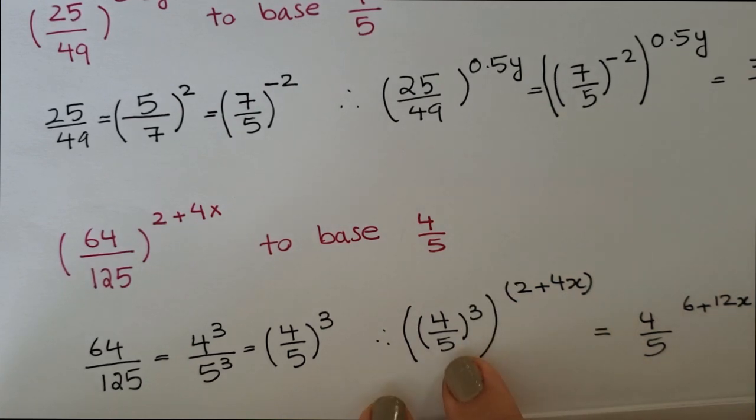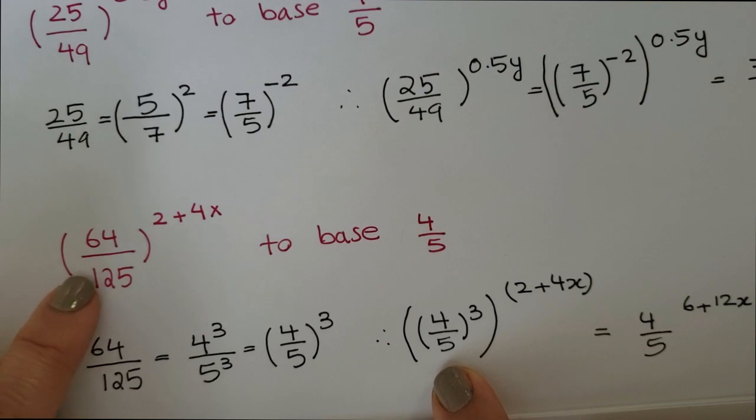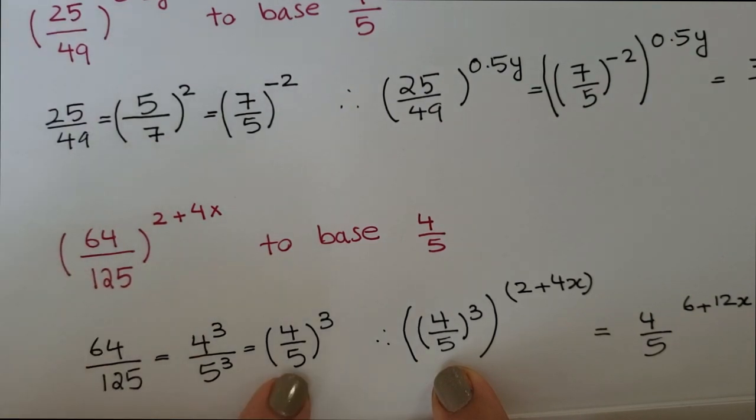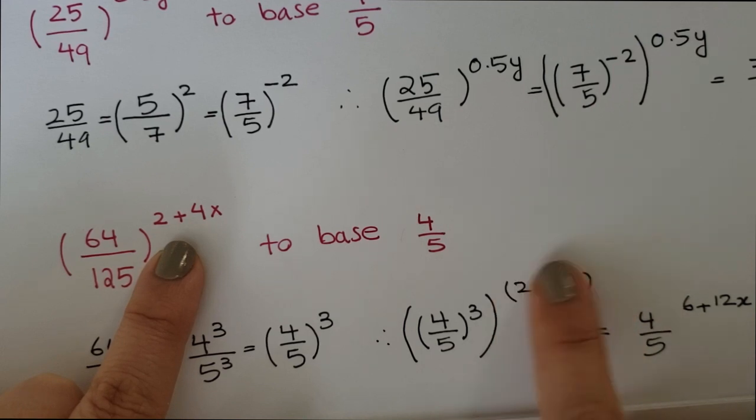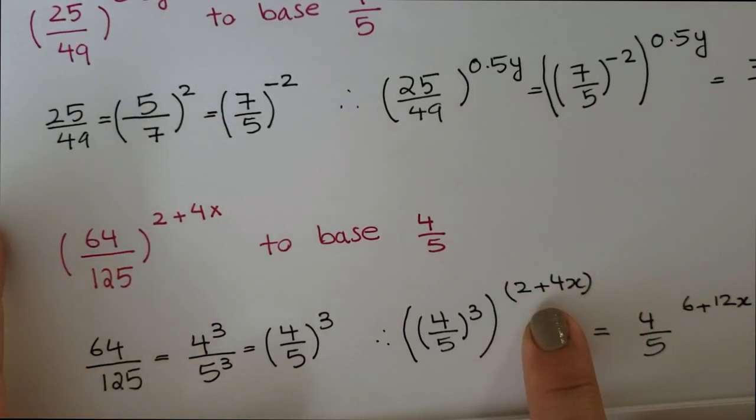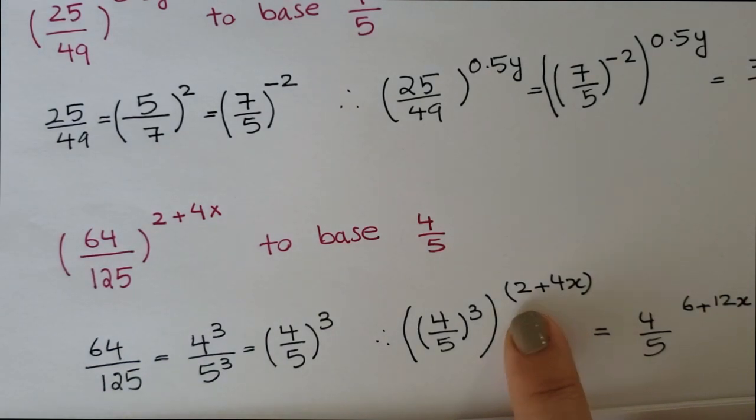So here, what I'll do, I just substitute. So instead of 64 over 125, I substituted with 4 over 5 to the power 3, and then the exponent is a combination of a number plus another term. So the exponent here is a little bit different from what we experienced so far. The exponent is binomial.